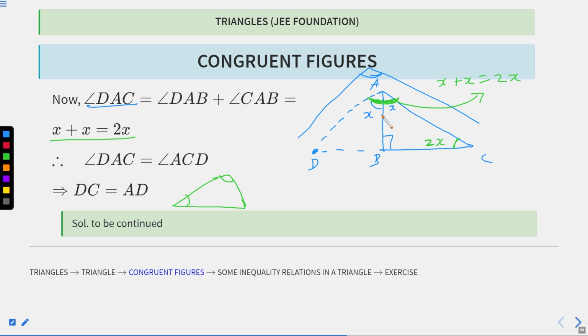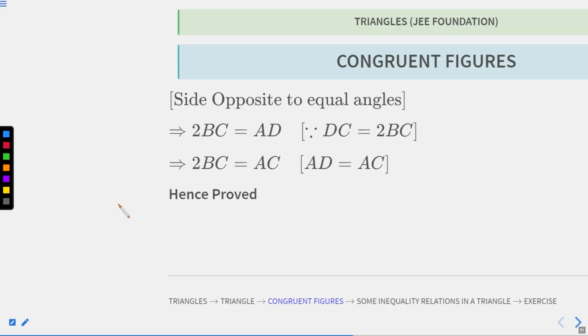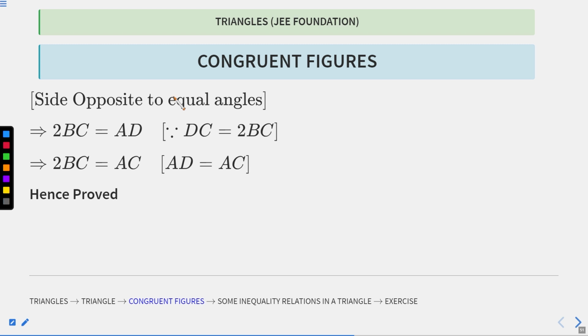So the side opposite to this is the whole DC, and it must be equal to the side opposite to this, which is AD. So DC is equal to AD, as written over here. I hope this is all clear. As you recall, the sides opposite to equal angles are equal.